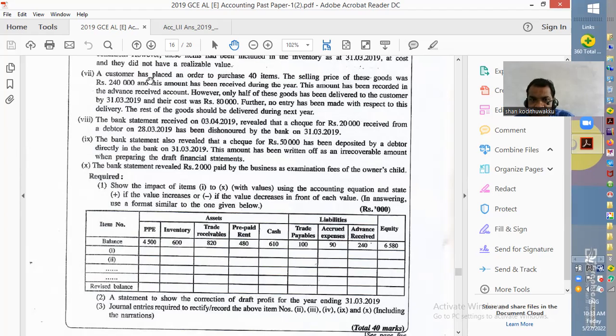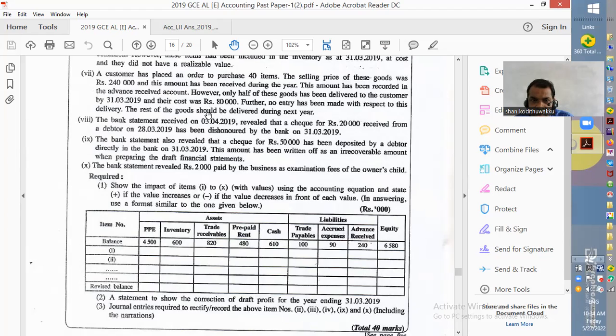And also, you can reduce from advance 240, another 120, because still the business has sent them only half of the value. Therefore, you can reduce 120 from this advance, that is minus 120. Then 120 and 80,000 cost, the difference is profit. Profit is 40. Then 40 will increase equity.